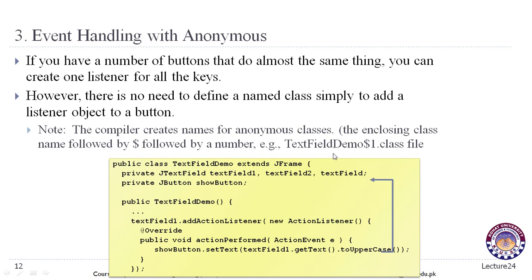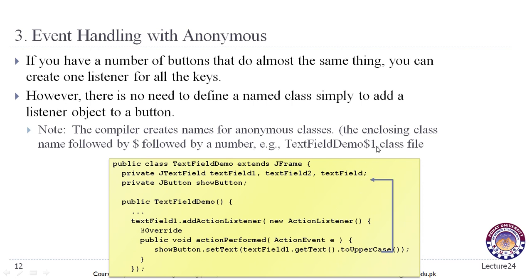For example, this is the name of our class where we are using an anonymous class. So it uses the dollar symbol and adds the number. If we have one anonymous class, the first one should be 1, and for the second one, it should be 2.